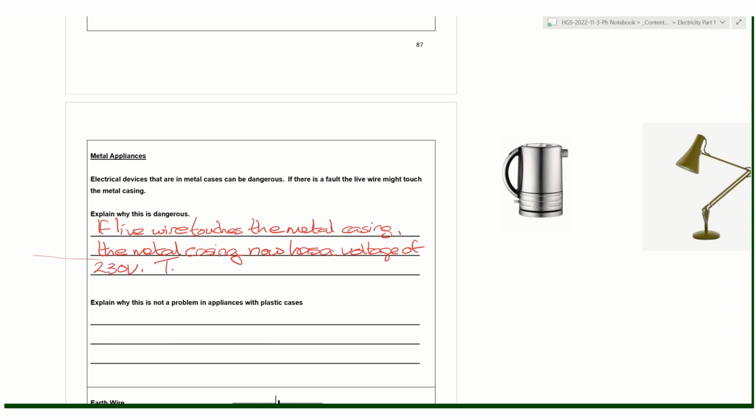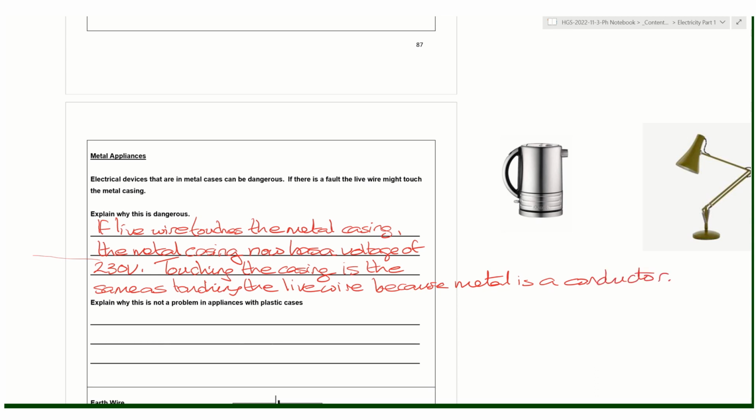So touching the casing in this case is the same as touching the live wire. Current could flow through us to the ground. And this is happening because the metal is a conductor.